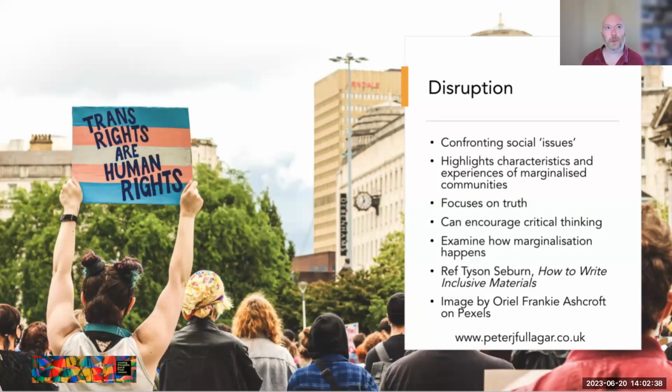So for example, why are some people discriminated against? What can we do to stop discrimination? Why are people prejudiced? What can be done for this? So it highlights the characteristics and experiences of marginalized communities. And please remember, I'm talking all marginalized communities here.